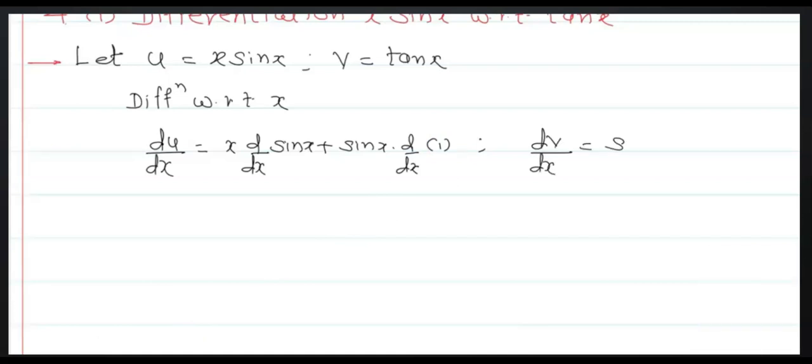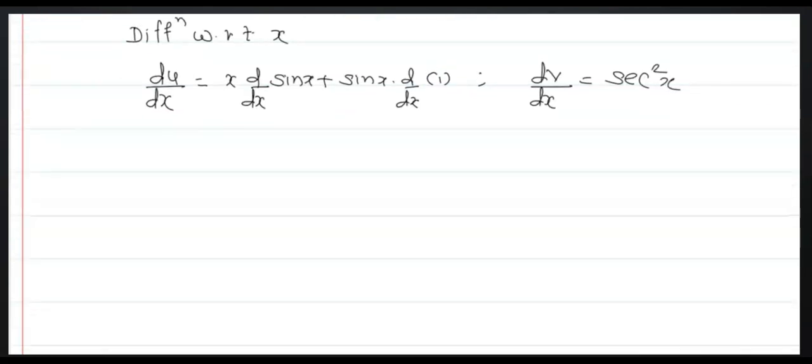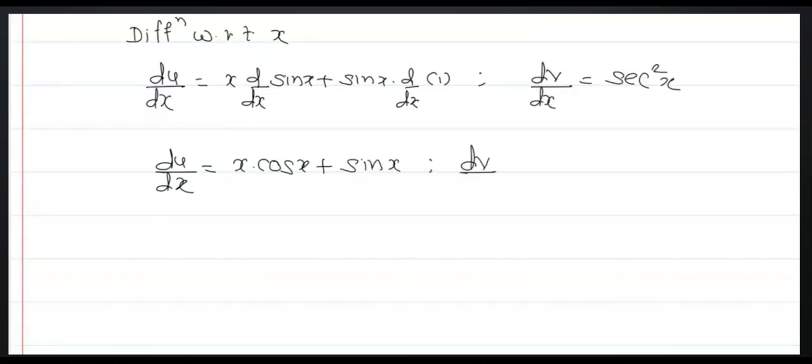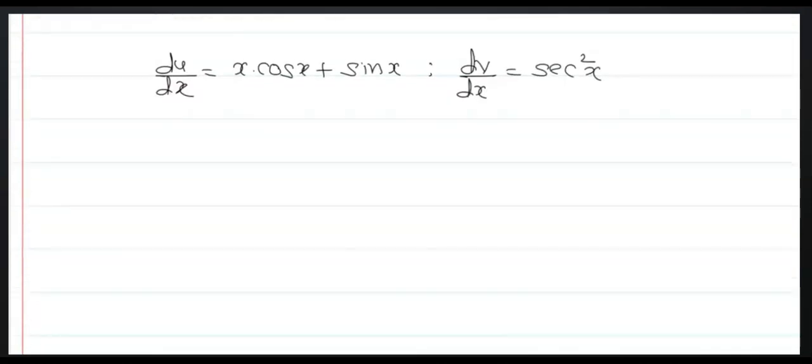Next is dv by dx, derivative of tan is sec square x. Therefore du by dx is equals to x cos x plus sin x, and dv by dx is equals to sec square x.